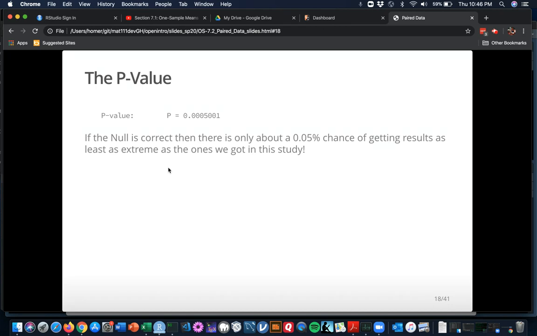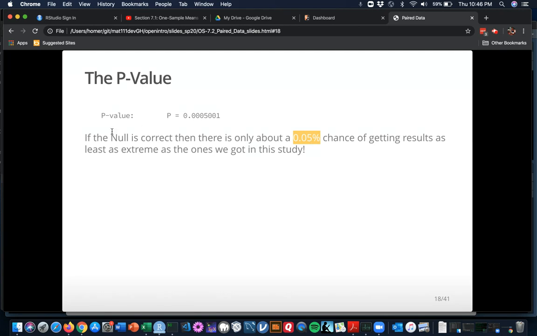Now, the next thing up, and the very last thing in the output, is the p-value. And it's pretty small. It's 0.0005, 3 zeros. And so when you turn that into a percent, that's 0.05%.